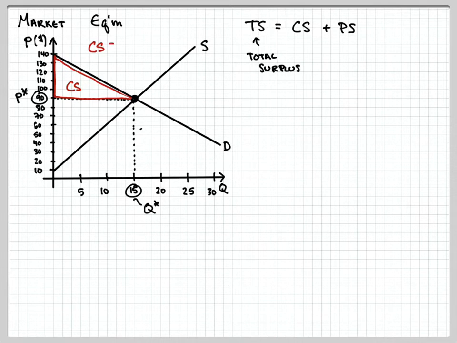Our consumer surplus is 1/2 base times height, or 1/2, the base is 15, the height is 140 minus 90, or 50. If you throw that into a calculator, this is the same thing as 25 times 15. And that value is 375.